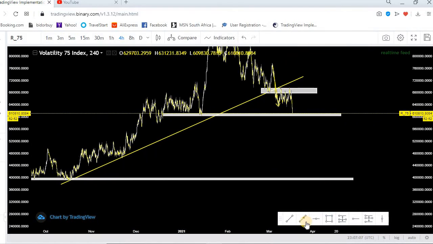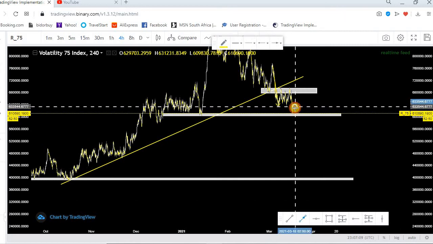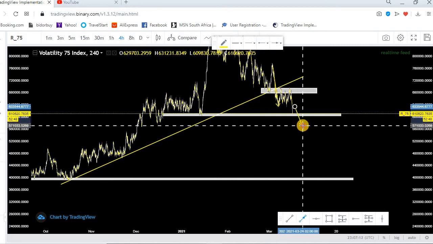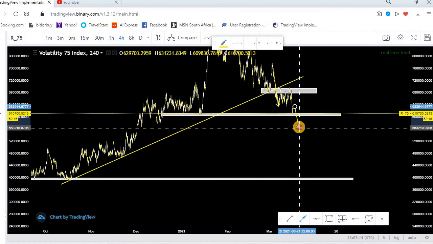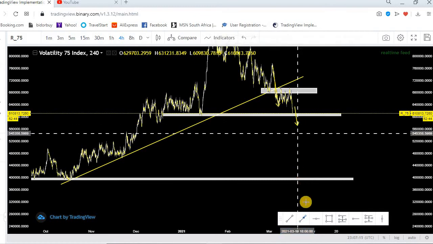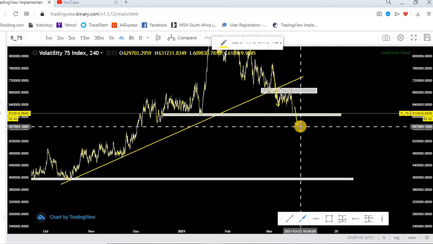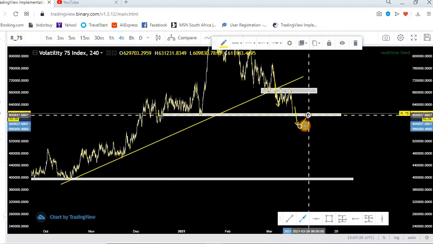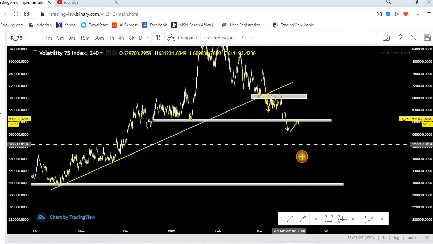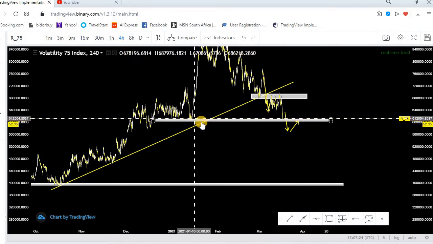So if it happens that the market breaks this support area there, we must look for some sort of a pullback, turning this support level into resistance.